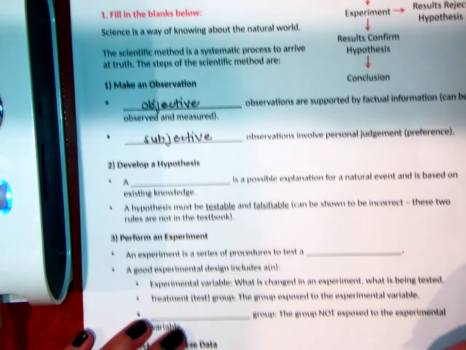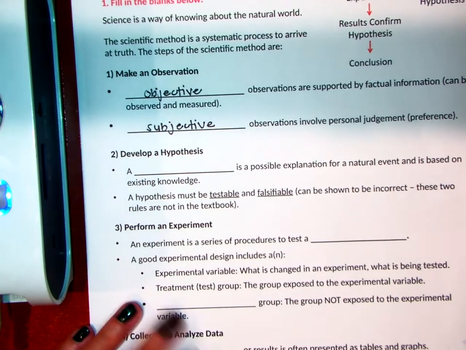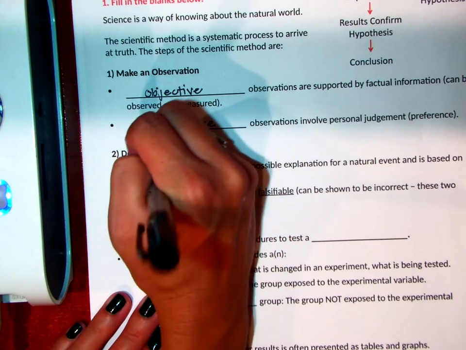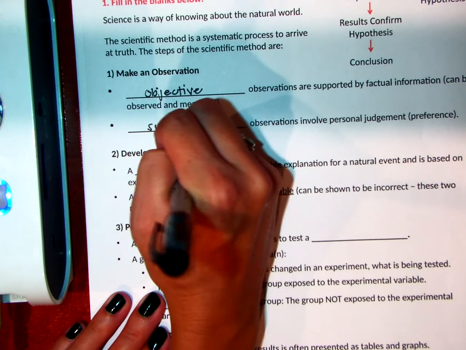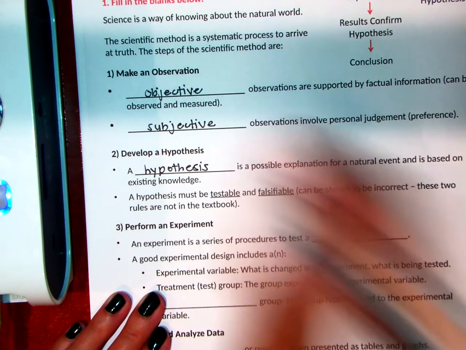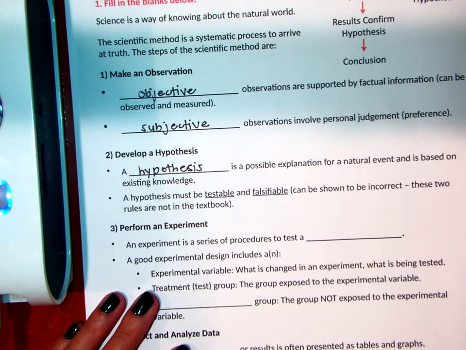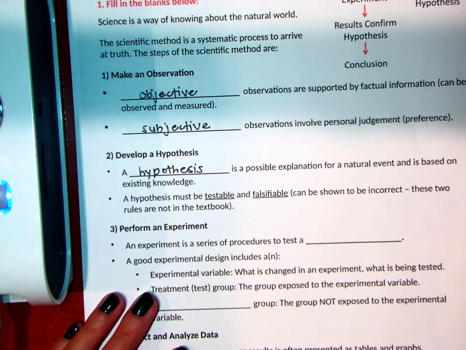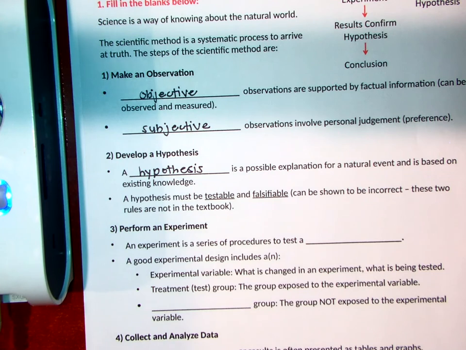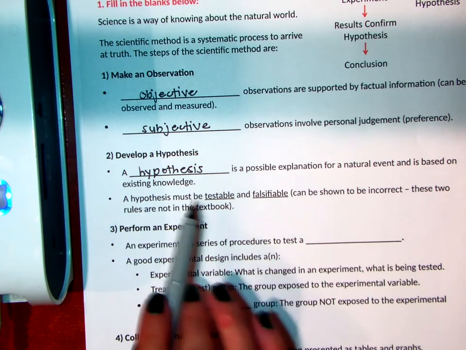So step 2, developing a hypothesis. A hypothesis is a possible explanation for a natural event and is based on existing knowledge. So a hypothesis is not just some random guess.